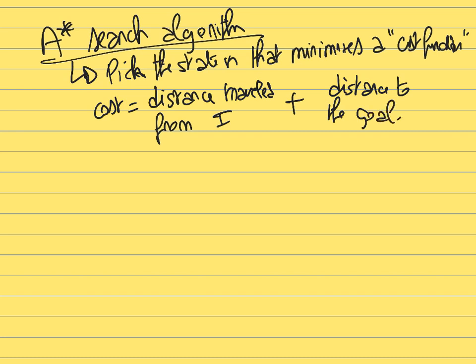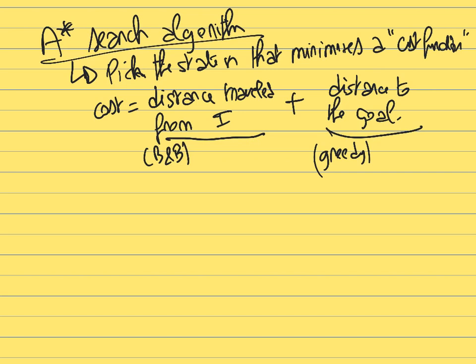The distance traveled from the initial state I is the knowledge that you used for the branch and bound algorithm. This is the real distance that you have traveled from the state I, and it also uses the other knowledge, the one we used for the greedy algorithm, which is the remaining distance to the goal. Just to make sure we are clear, those distances are different from each other.